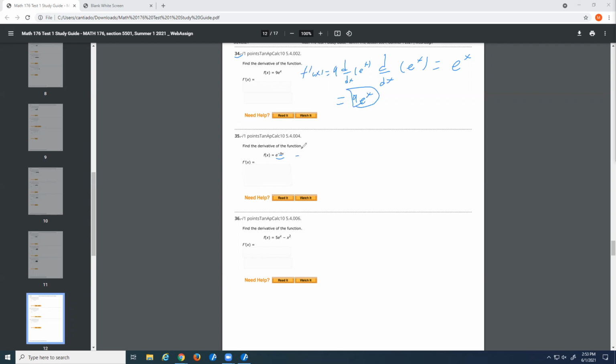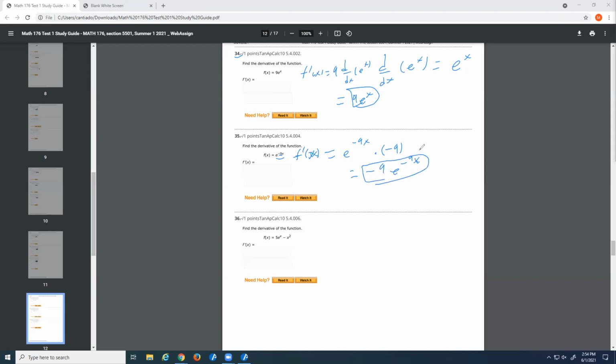So f prime of x will just have the derivative of the outer function evaluated at the inner function, which should just be the exact same, so e to the minus 9x, then multiply by the derivative of the inside, which is just going to be minus 9, like this. All right, and then you can tidy this up, write it as minus 9 e to the minus 9x.